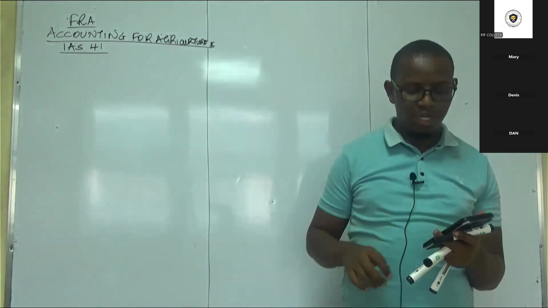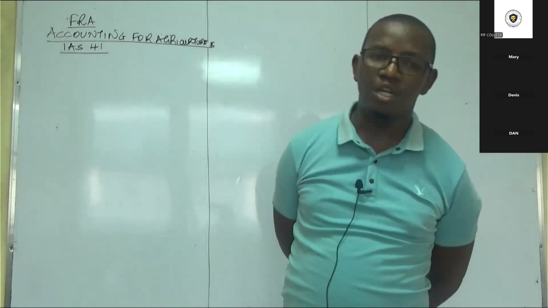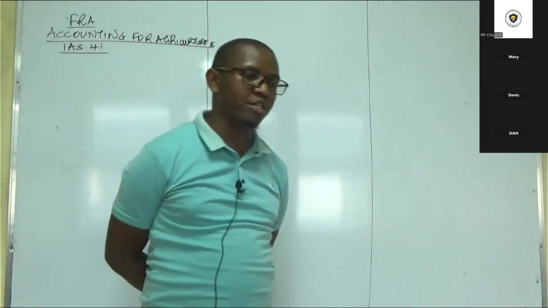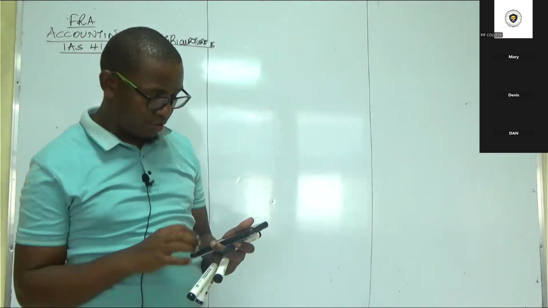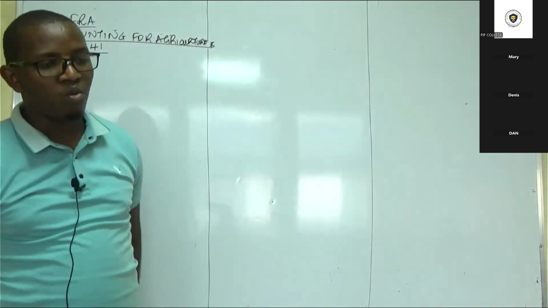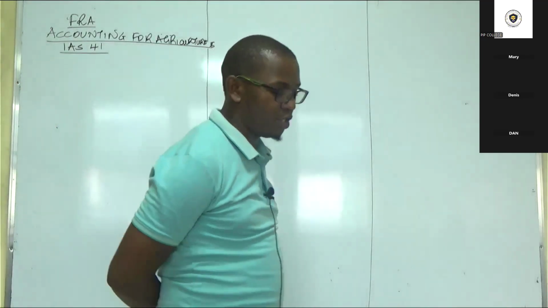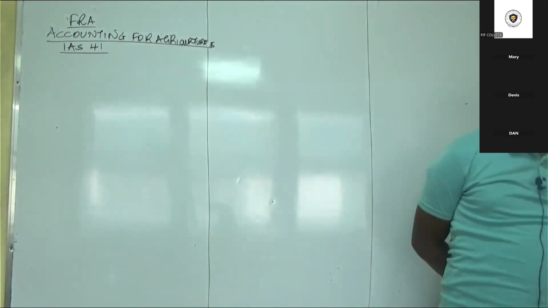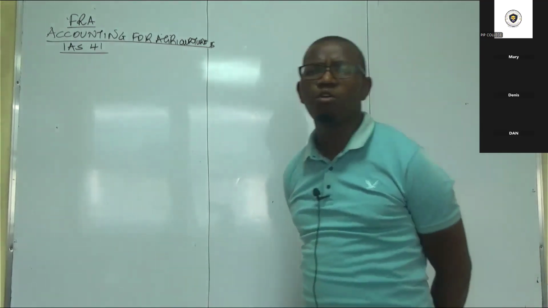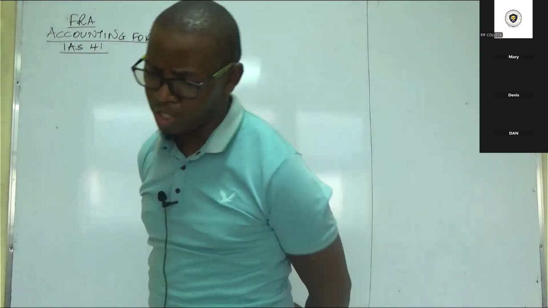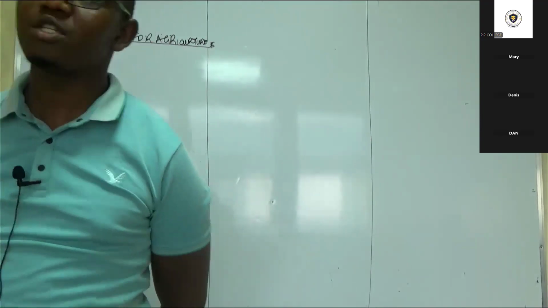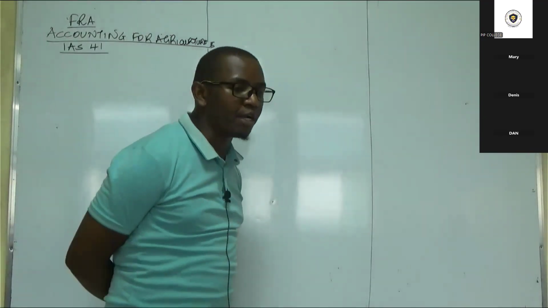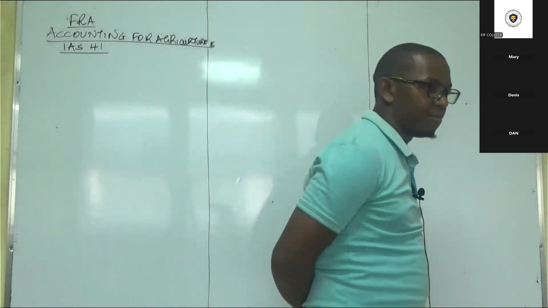In other cases this is what we call the disclosure requirement. And not only for the biological asset, this is for all the assets, whether it's PPE or an investment property. These are the circumstances under which we can recognize them in the financial statements.